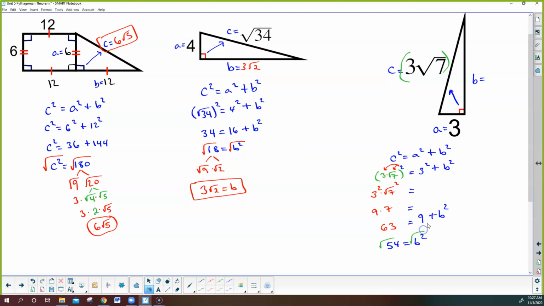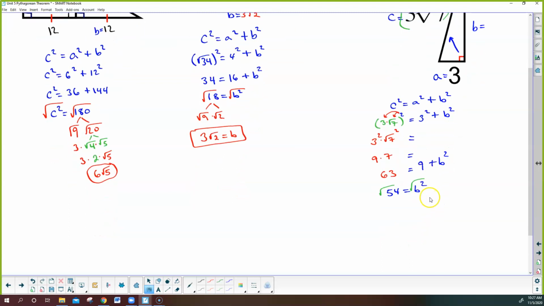And then I want to break down that 54 into a large perfect square. So nothing pops out to me right away. Usually what I'll do is take my calculator and divide it by some pretty big squares. I might try 54 divided by 36.